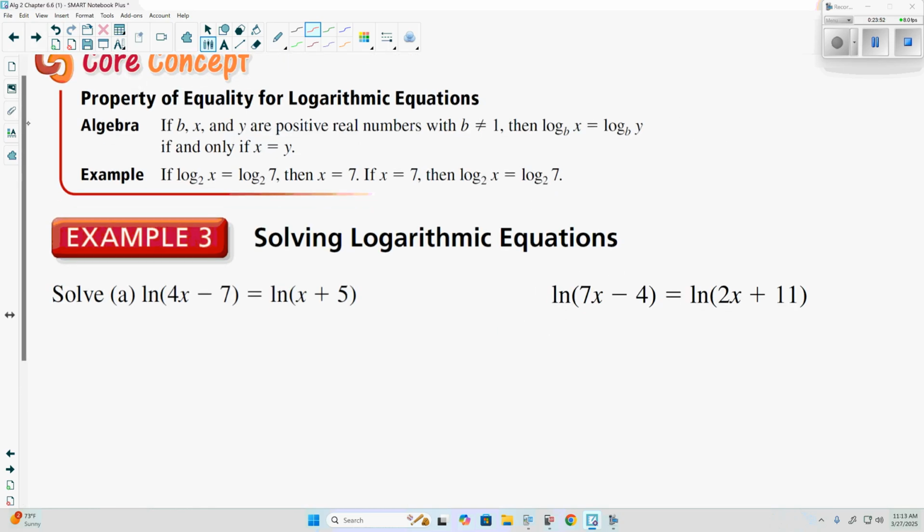Let's look at the other part of this lesson. Property of equality for logarithmic equations. And this is the same thing. This is our one-to-one property. If b, x, and y are positive real numbers with b different than 1, then log base b of x is equal to log base b of y if and only if x is equal to y.